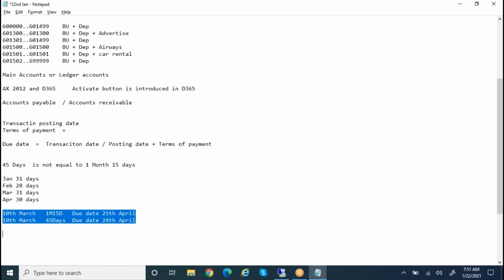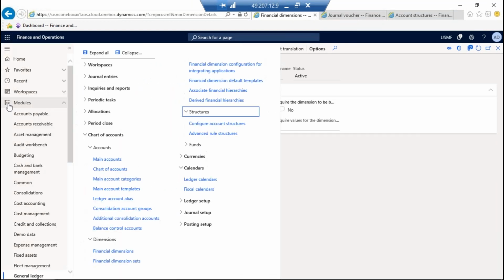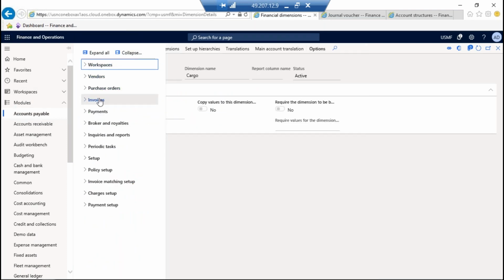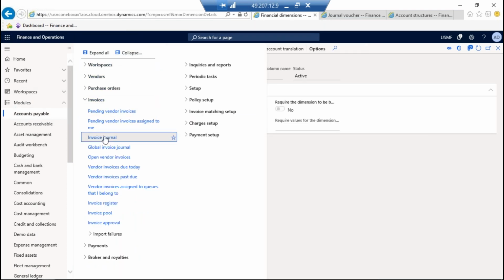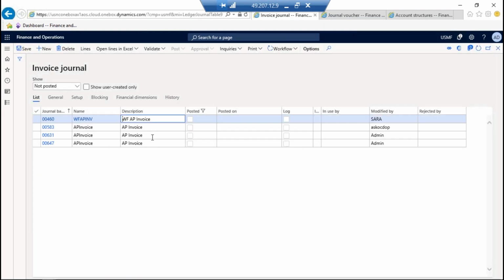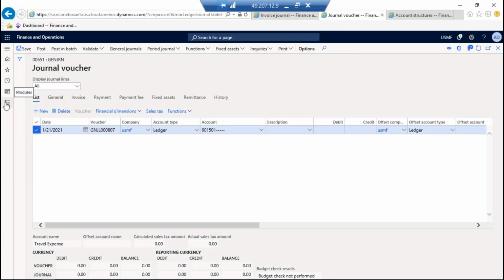Okay, let me show one example practically so that you can understand. Let me do one transaction. The invoice journal we learned one week before: Accounts payable, invoices, invoice journal. We have created one vendor earlier.